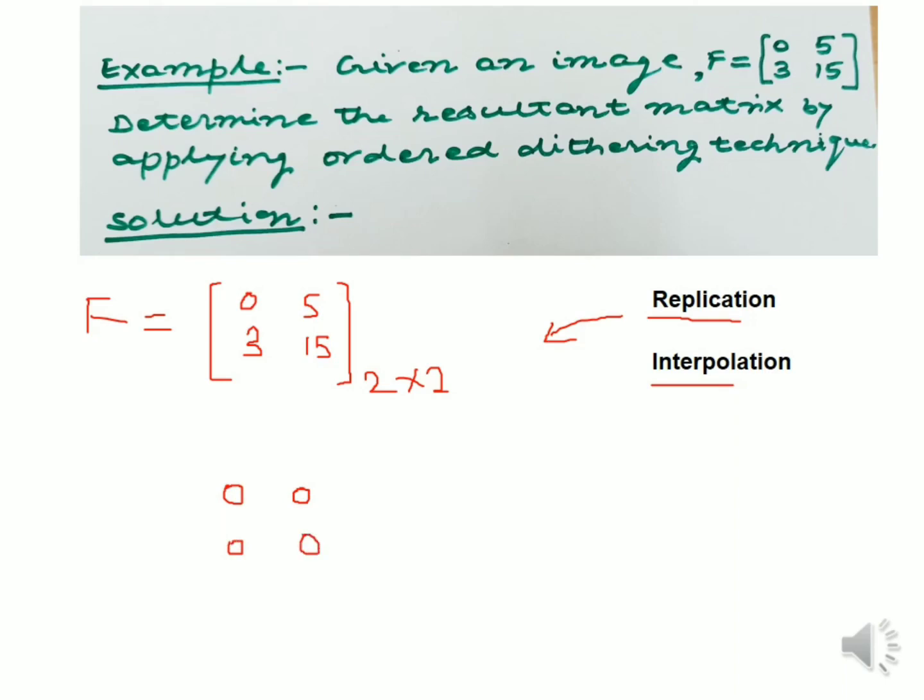For this 5, this pixel value will be replicated again into its neighbors. Then 3, 3, 3, 3 and here 15. So all these 4 components will be 15.